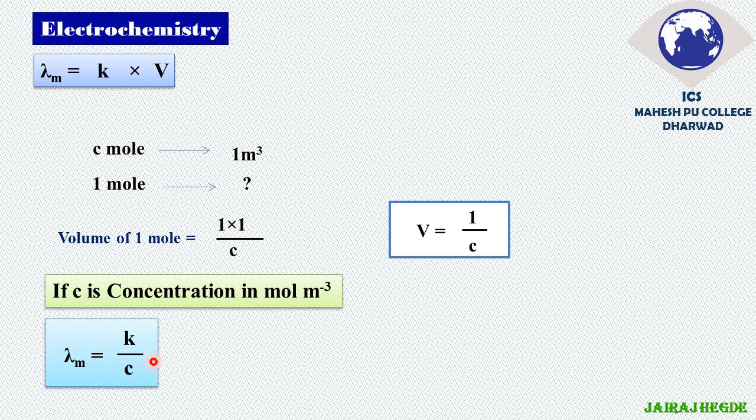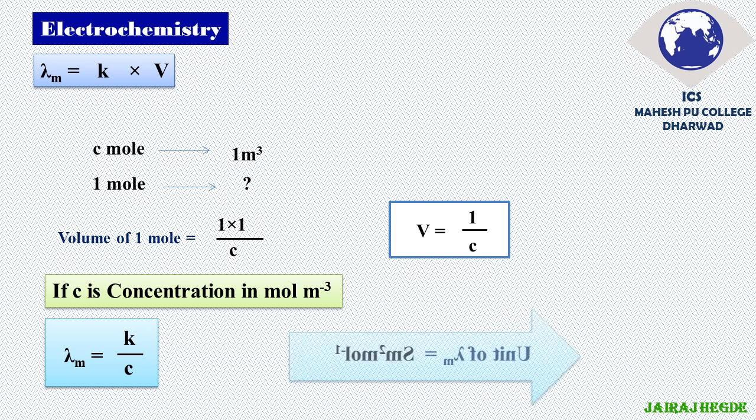But we should note a very important point. Here the concentration is not in terms of mole per liter, it is mole per meter cube. Usually the students make mistakes here. Here lambda m is equal to kappa by C. This formula works only when I have taken the concentration in terms of mole per meter cube, not as mole per liter or molarity.